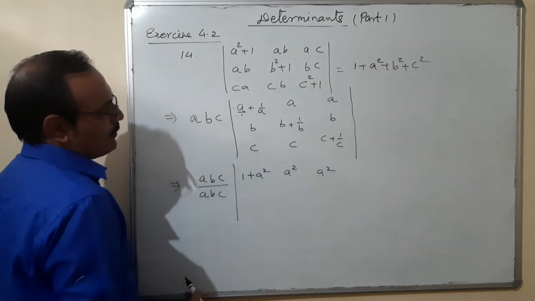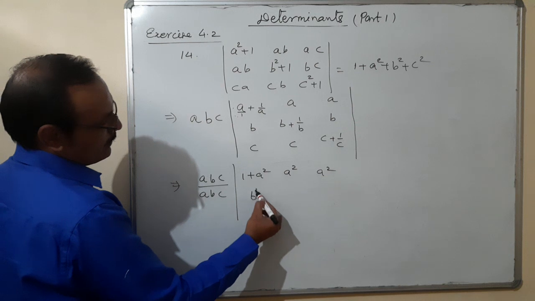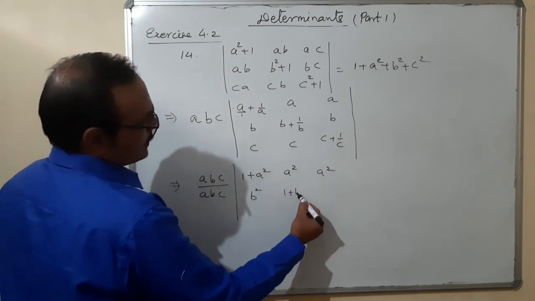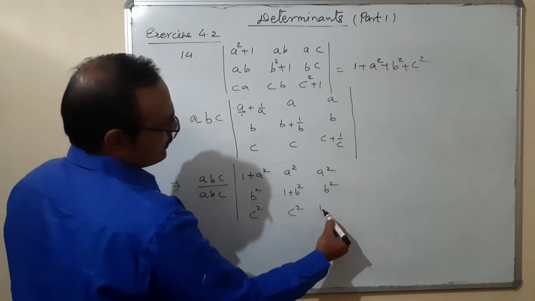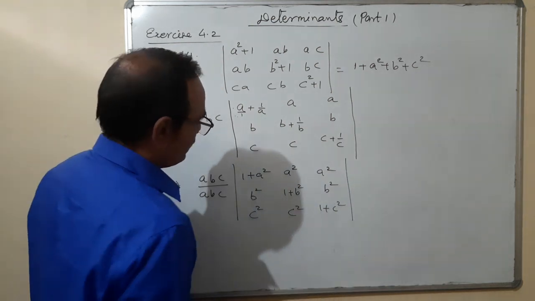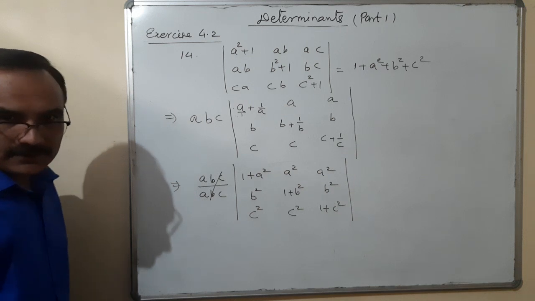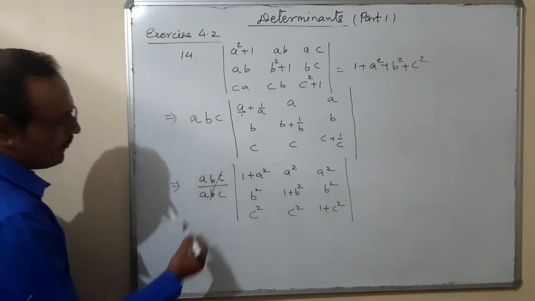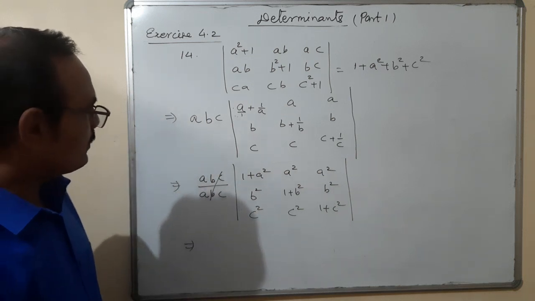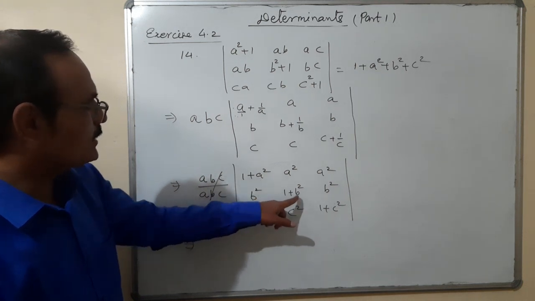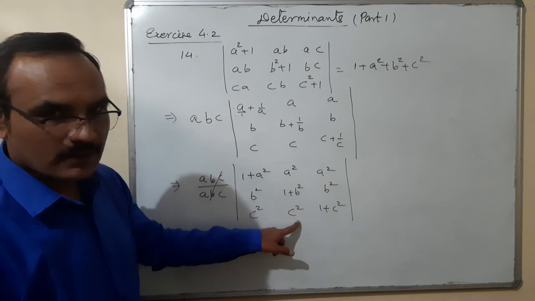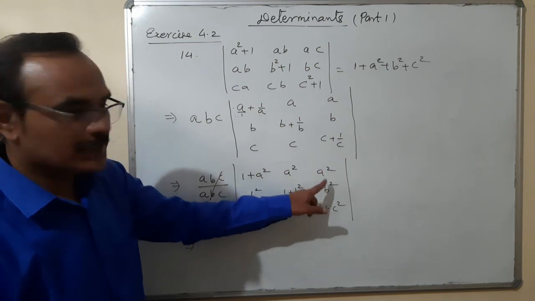From here I have taken 1 upon B common, so B square, 1 plus B square and B square. Same here, C square and 1 plus C square. ABC cancel, and now you can see all the elements in the form of 1 plus A square, B square, C square; 1 plus B square, C square; 1 plus C square, A square, B square.